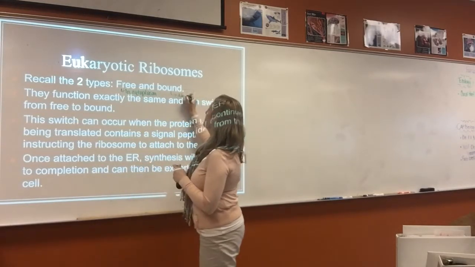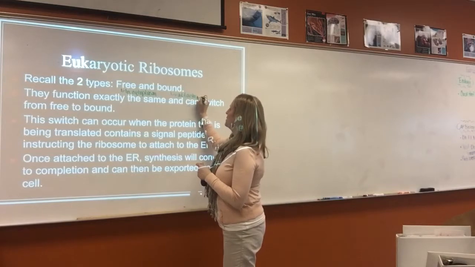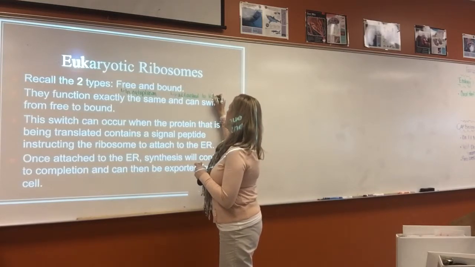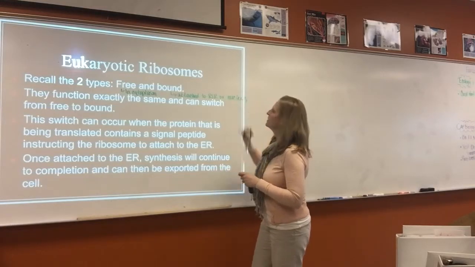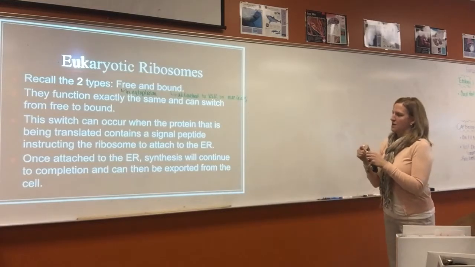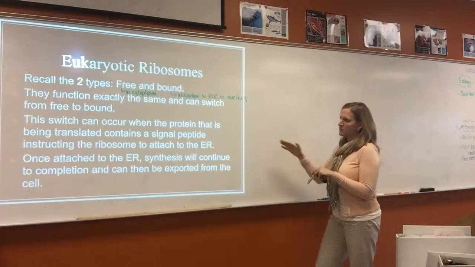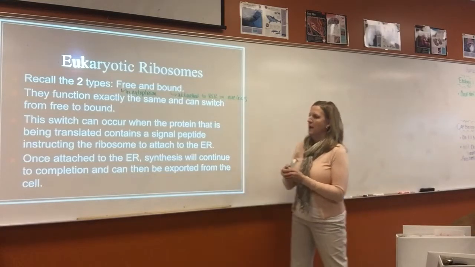Bound is attached. They could be attached to the rough ER, RER, or they can also be found in the nucleus as well. And so they do the same in that they make polypeptides.